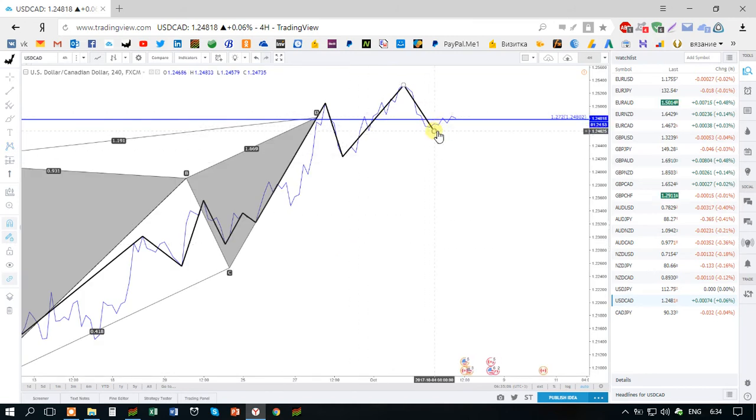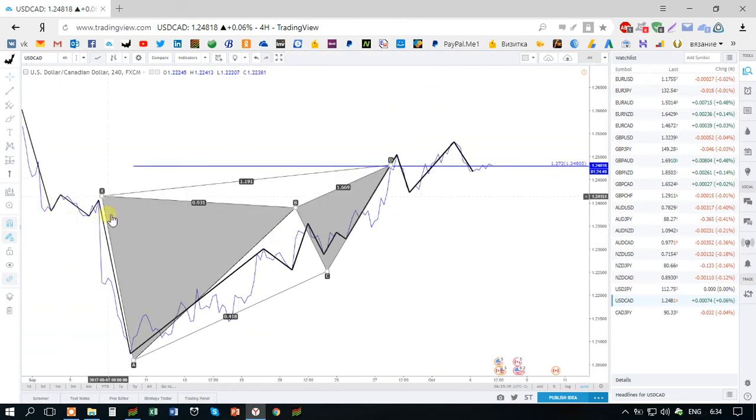Dollar Canadian. Look at this. Nothing here. This is the trade that I was talking about, the butterfly in dollar Canadian, and we have a very small bat advanced formation. Whatever price action, whatever small swing within that price action can bring us profits.